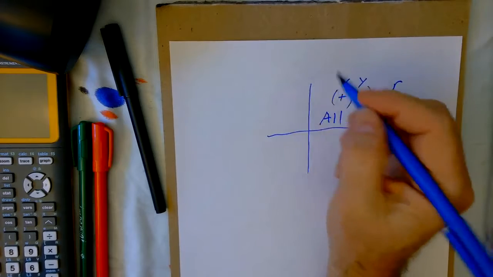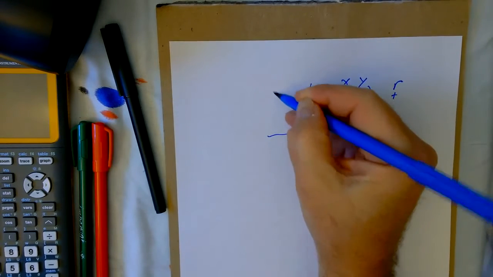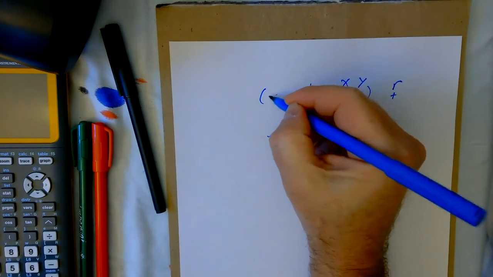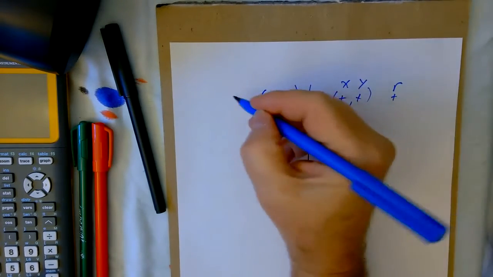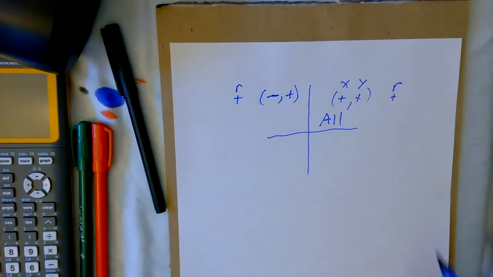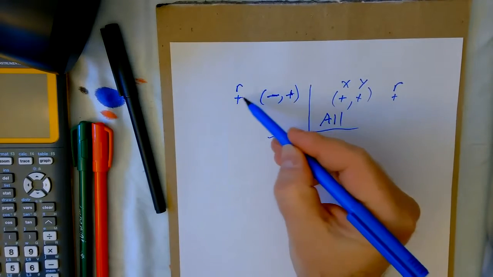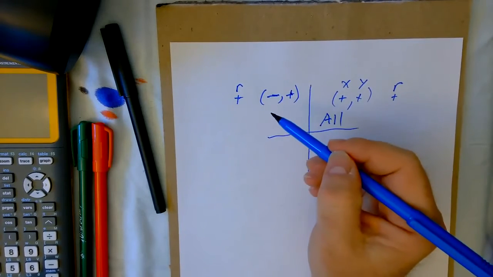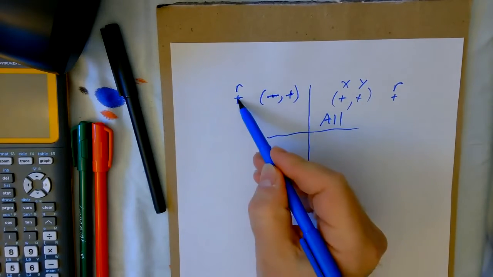In the second quadrant, any point in the second quadrant has a negative x and a positive y. So x is going to be negative, y is going to be positive. R is always positive. So when I do sine, y over r, I'm getting positive over positive. It's going to be positive. When I do cosine, I'm going to get x over r.